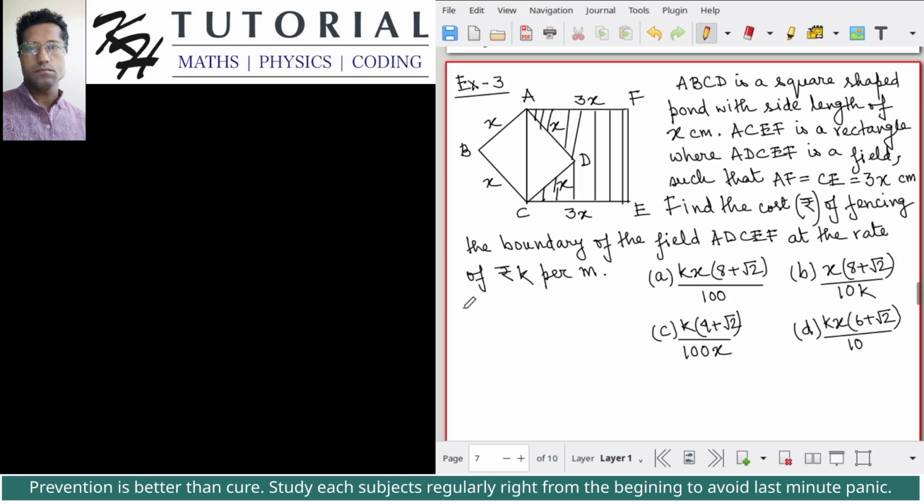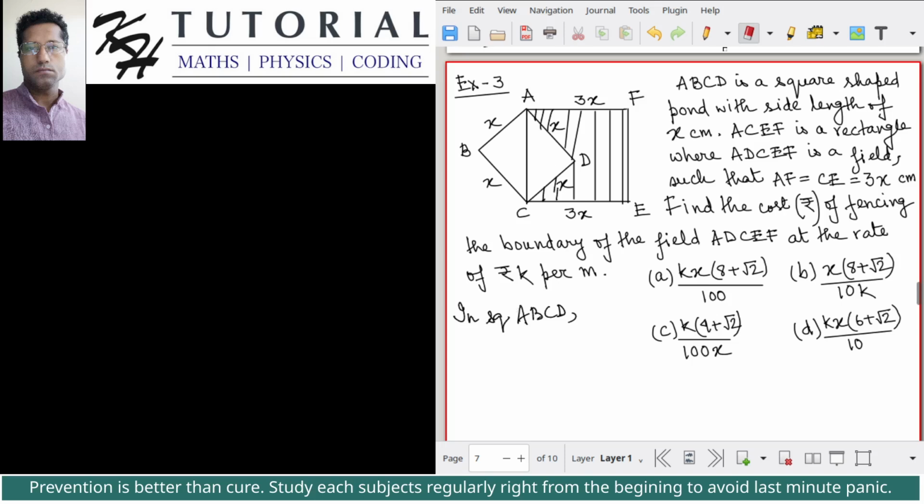So in square ABCD, we know AC is the diagonal. Since ABCD is a square, using the direct formula, the diagonal is equal to square root of 2 multiplied by the length of the side of the square.